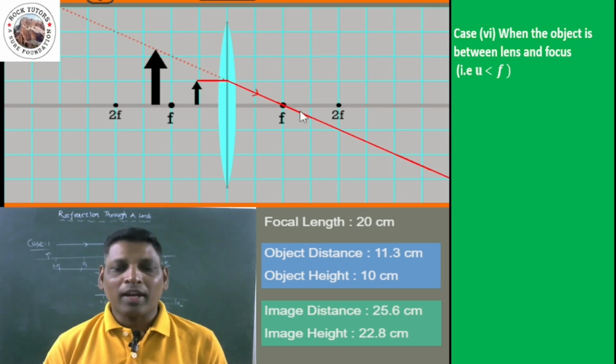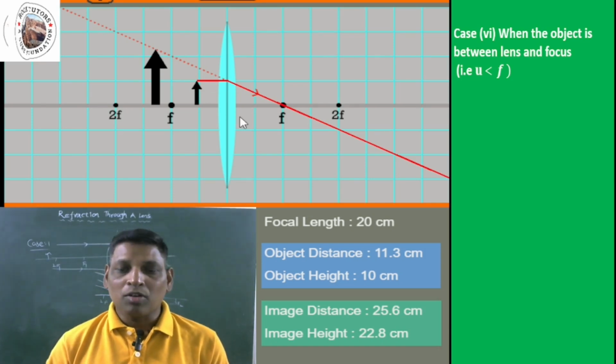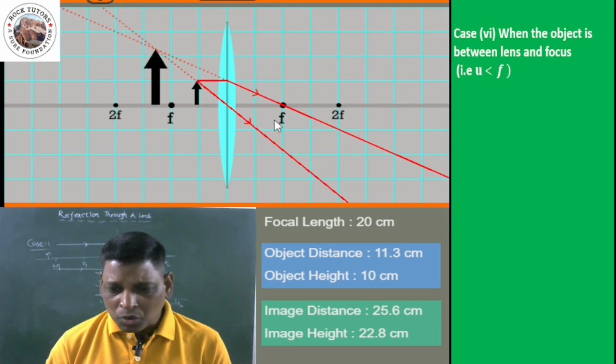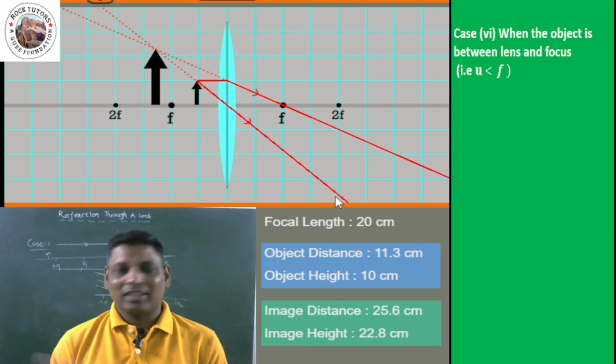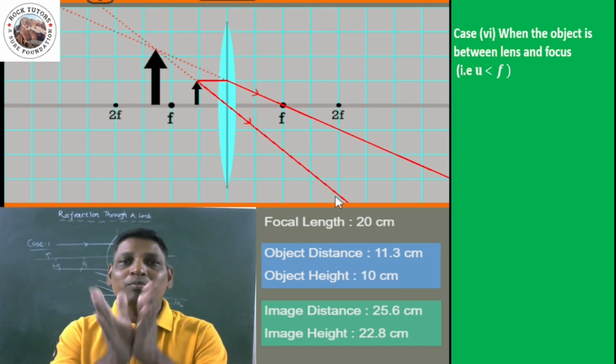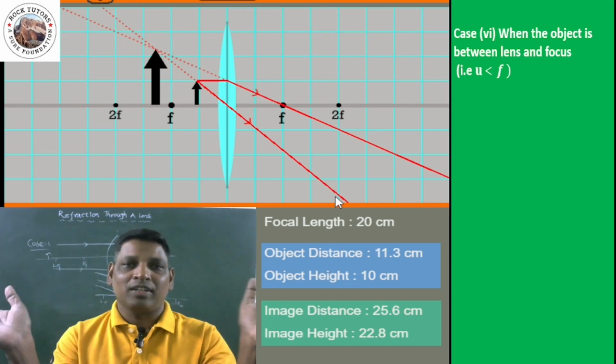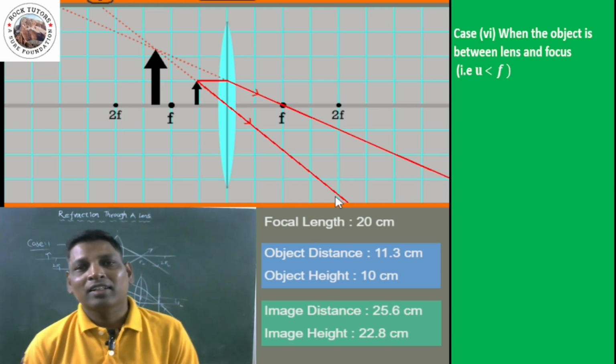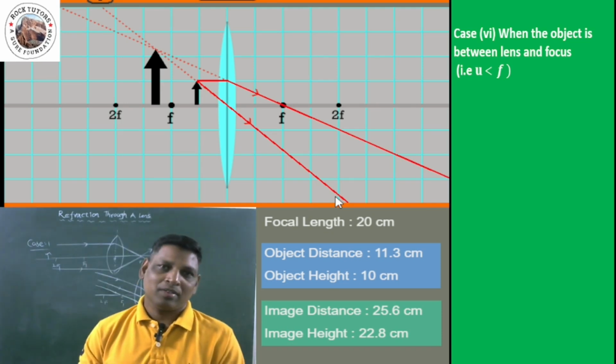And one more ray I am taking, passing through the optical center. Now see here, these two rays are not meeting on this side. They are moving away like that. It's diverging. So on this side we will not get the image.